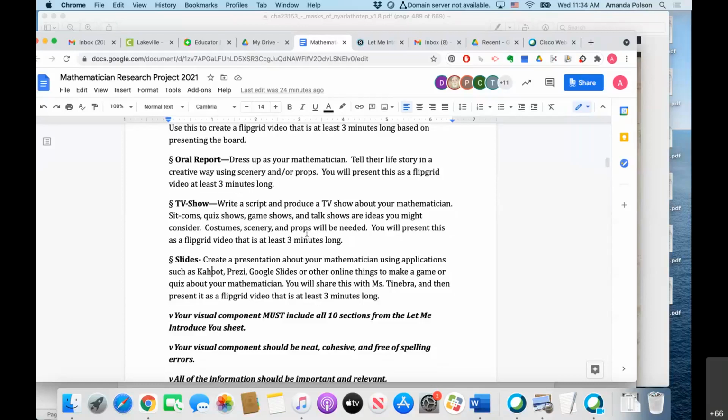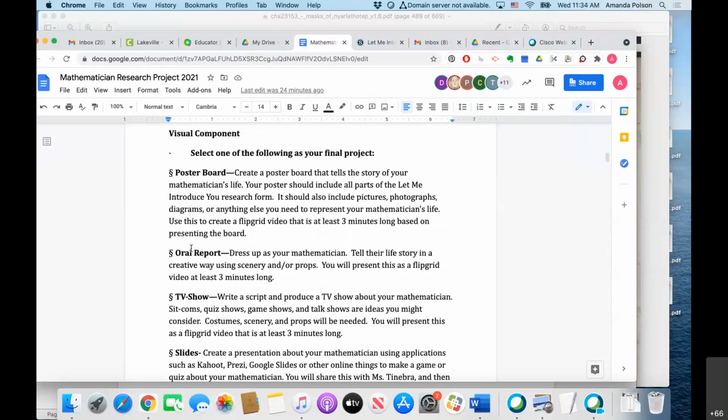No matter what project you create, your poster, a script for an oral report or a TV show, or your slides, you have to include all the information from the Let Me Introduce form. And your presentation has to be at least 3 minutes long. Yes, you can add your siblings if you want.